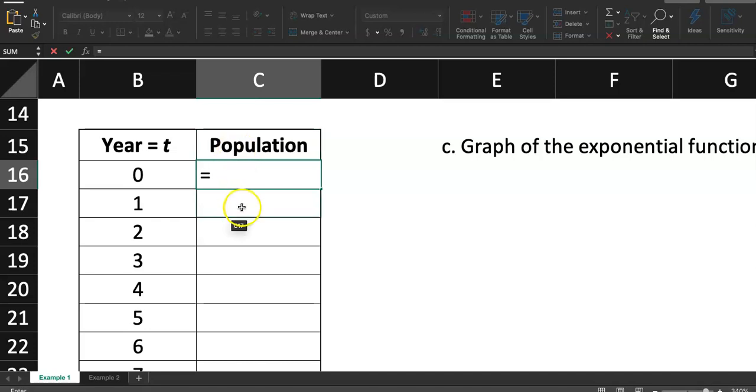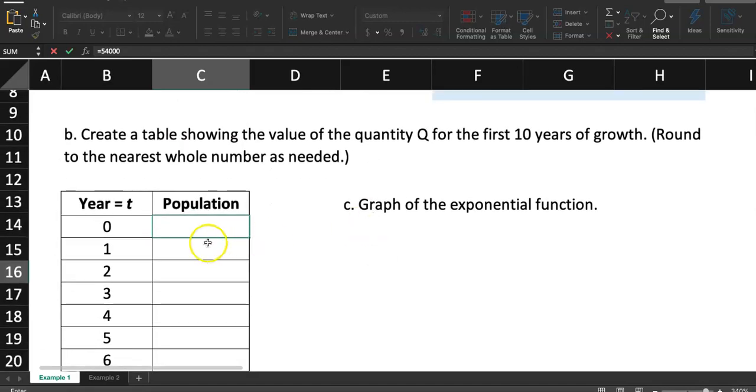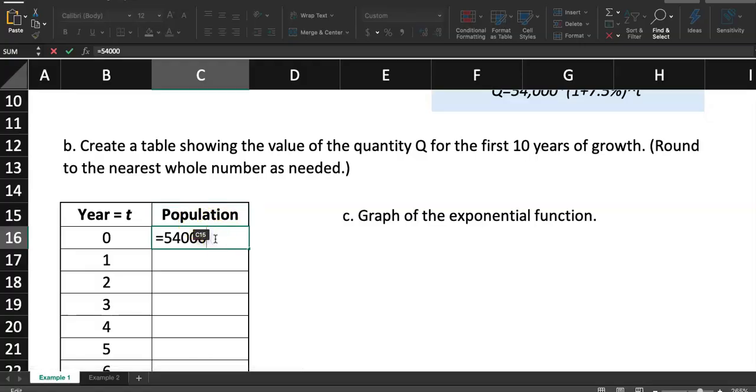What was Q naught? The initial population was 54,000. I don't think I use a comma, because Excel may get upset if I use a comma in my number. So I'll just use 54000 times, sorry, that C15 label is bothering me.